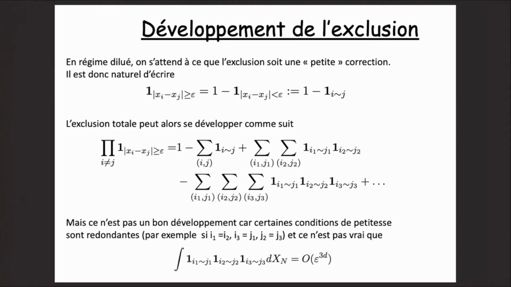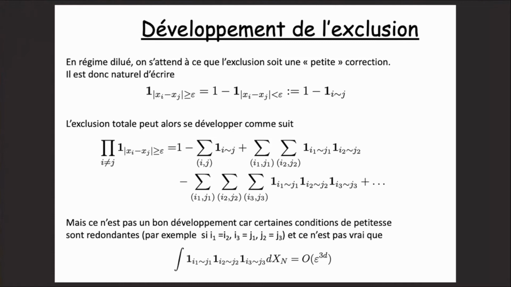Now, if you have 3 of them, then it's different, because you can imagine that i1 is close to j1, i2 is close to j2, but then maybe you can choose, say, i3 to be j1 and j3 to be j2, and then you will not have any more constraint.